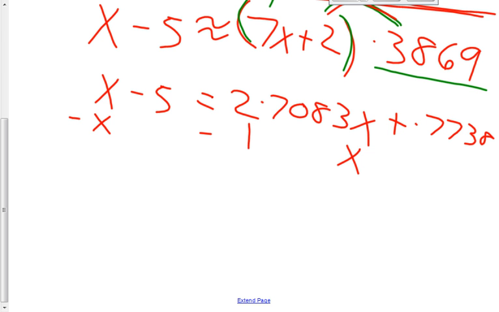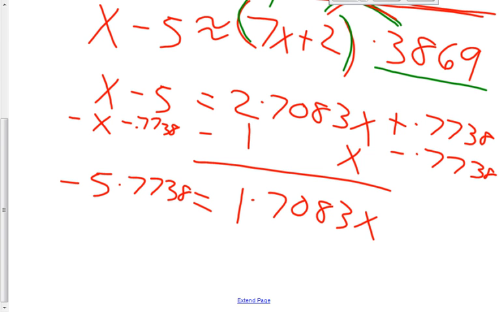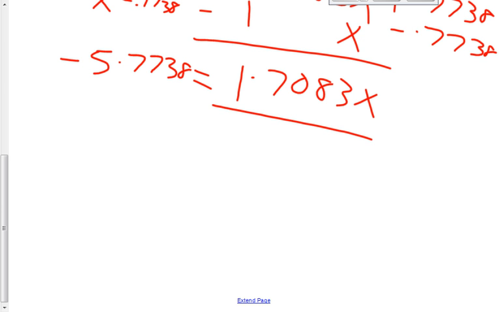Probably could have done that one in my head. 1.7083x, and then I'm going to subtract 0.7738 from a negative 5, to get a negative 5.7738. Whew!